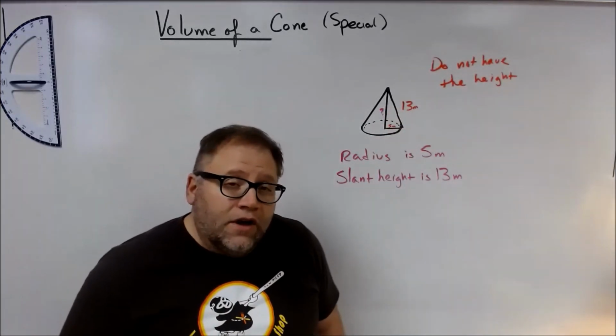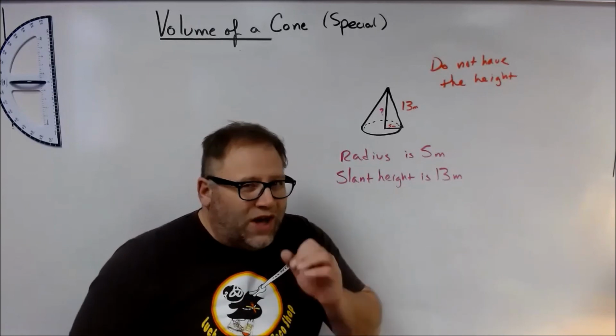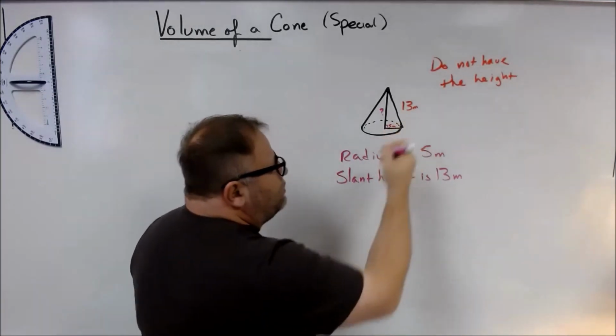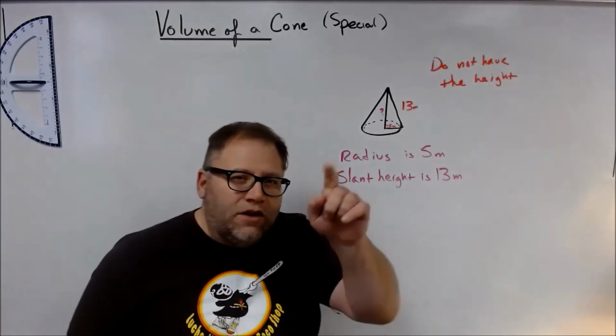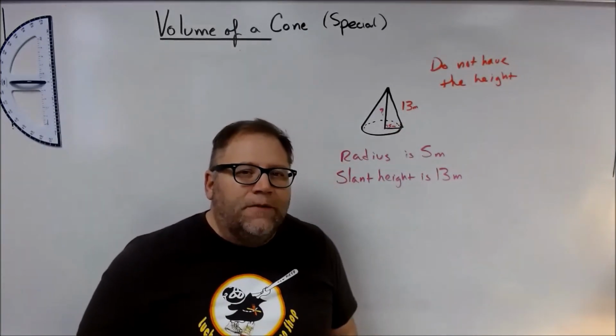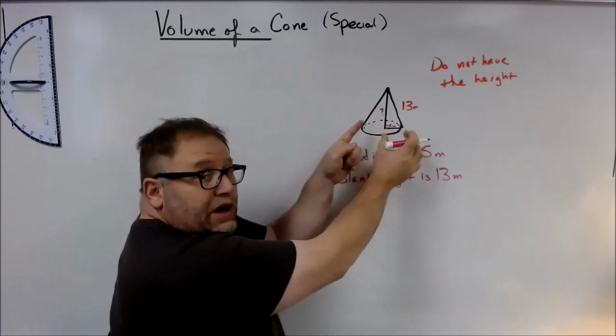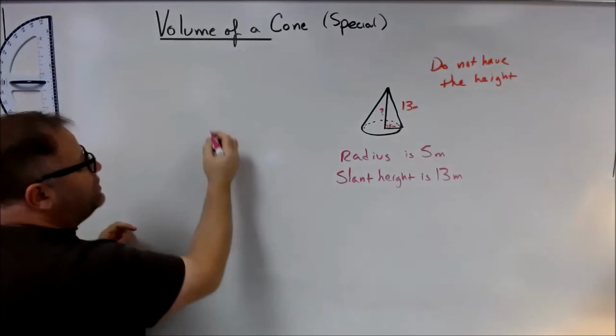And then what we don't know is that one right there, the height. We do know how to find that, because don't forget this relationship. I'm going to write this in here. It's going to be so tiny, but it's that little spot that shows you it's a right angle. And because we know it's a right angle, I can take that triangle out of the shape and draw it over here.